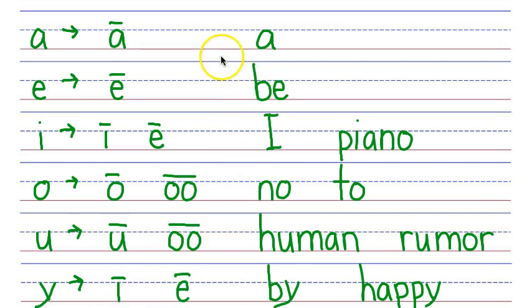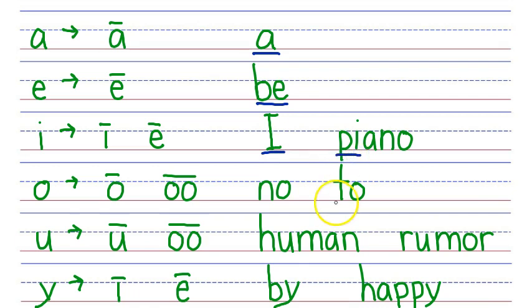So let's underline the open syllables in our example words here. A is a one-syllable open syllable word because the syllable ends with a single vowel letter. Be is an open syllable one-syllable word because it ends with a single vowel letter. I is an open syllable one-syllable word.